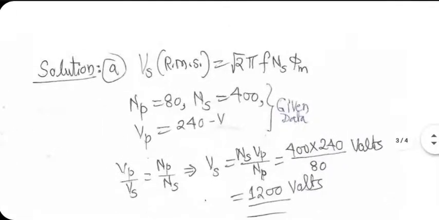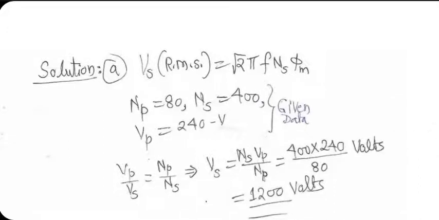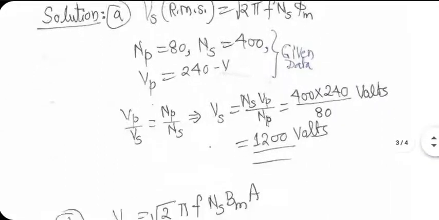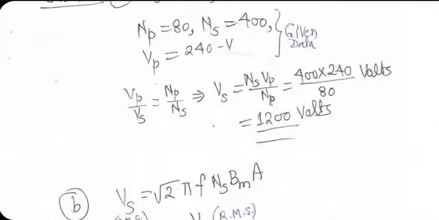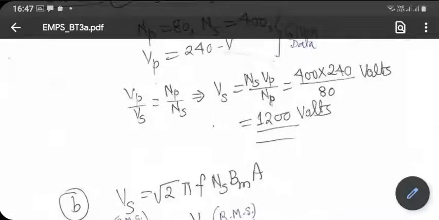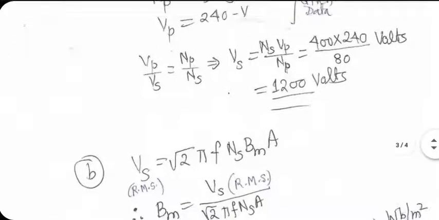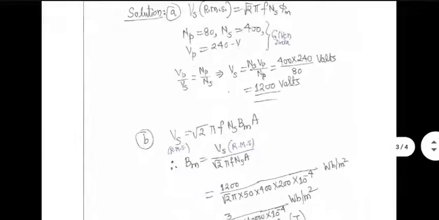We know this formula for secondary voltage. NP is given, NS is given, and VP is also given. So VS can be calculated. And once VS is calculated, put it back there. And the area of cross section is given. So the flux density, BM, can be brought in. And check it out yourself.